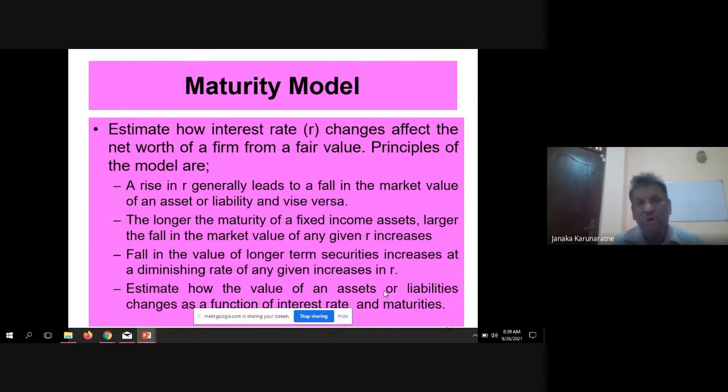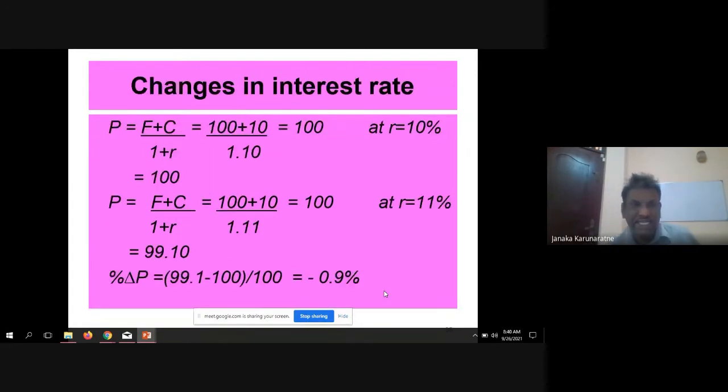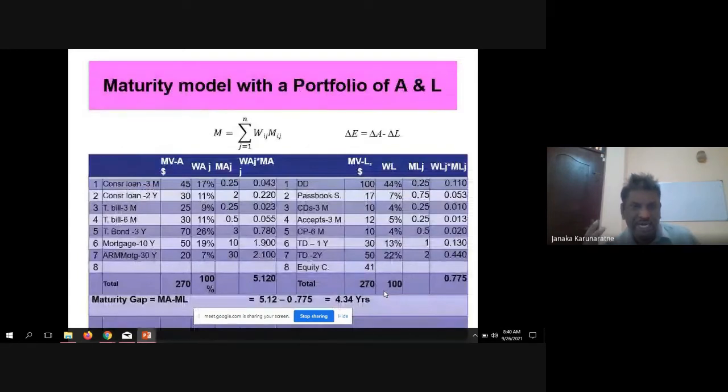Then we moved on to the maturity model, which is a better model than the repricing gap model, in the sense that it looks at the fair value of all assets and liabilities in terms of maturities. So we looked at the maturity profile of the entire balance sheet, assets and liabilities, and looked at the gaps.